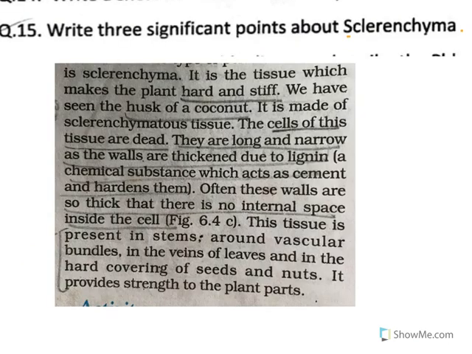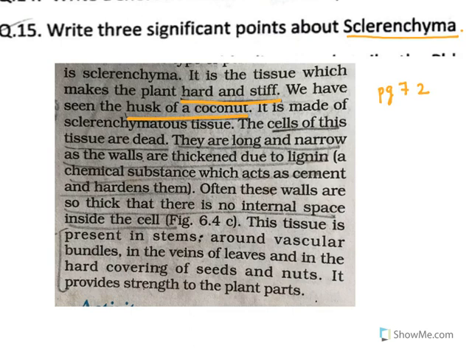Write 3 significant points of the sclerenchyma. This is on your page 72. The first point is this tissue which makes a plant hard and stiff. And one of the places where it is found is the husk of the coconut.